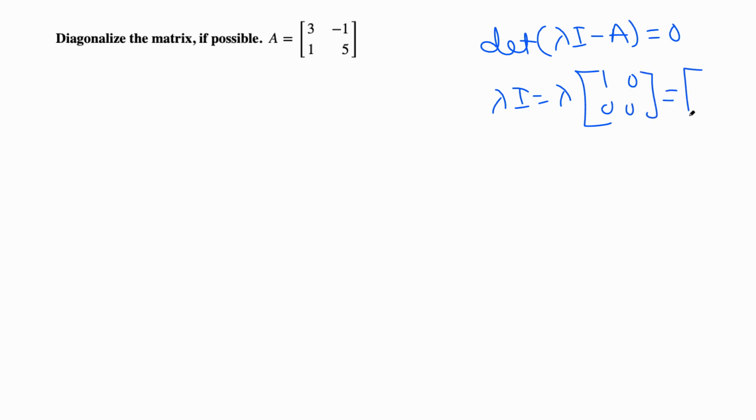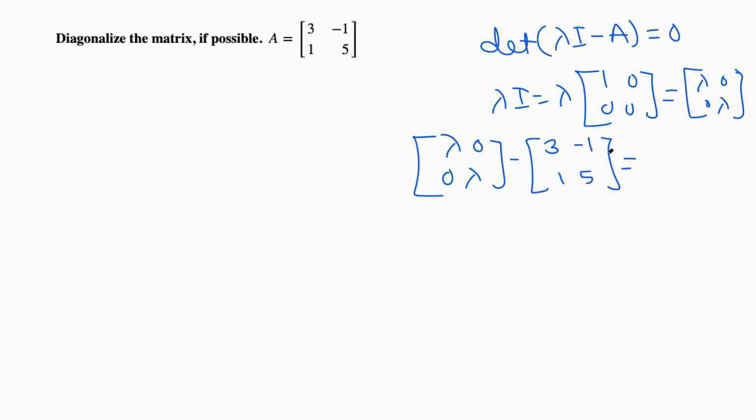When we multiply by lambda, we get lambda 0 0 lambda, then minus A, the given matrix, which is 3 negative 1 1 5. If we subtract, we get lambda minus 3, 0 minus negative 1 which is positive 1, 0 minus 1 which is negative 1, lambda minus 5. So we have this matrix.